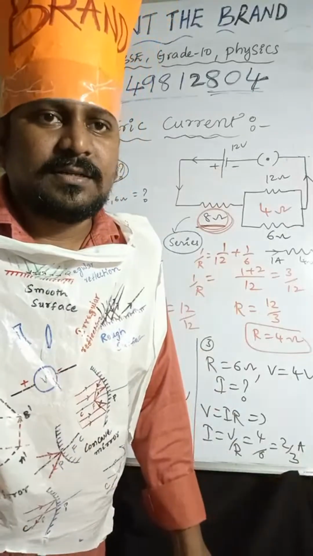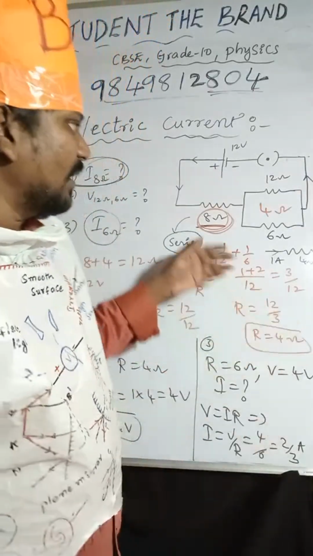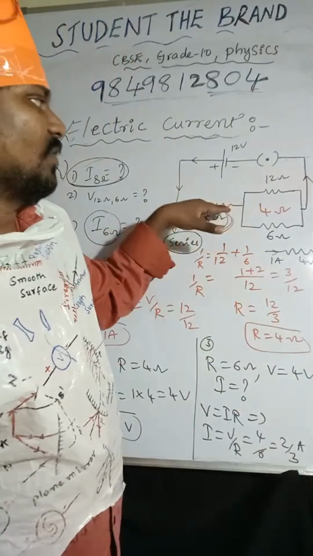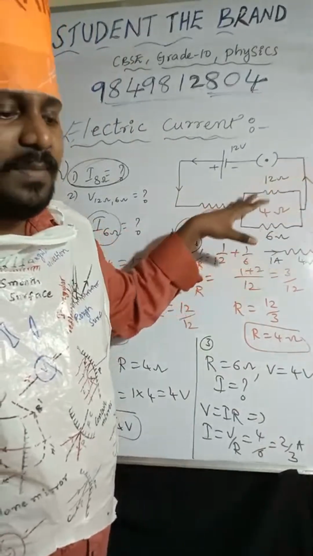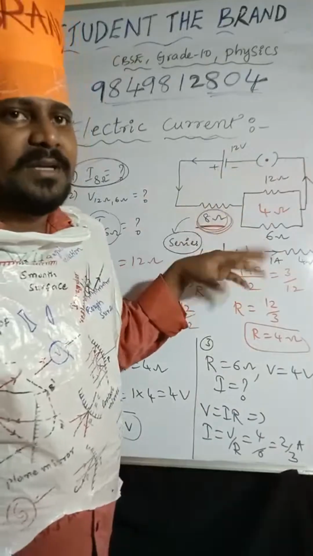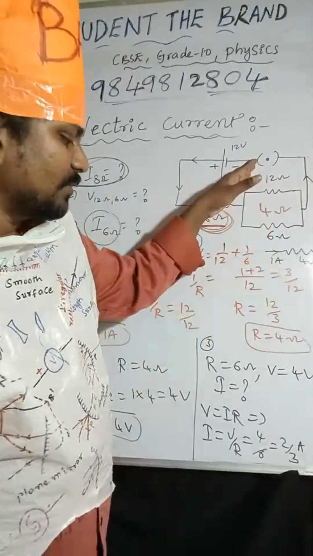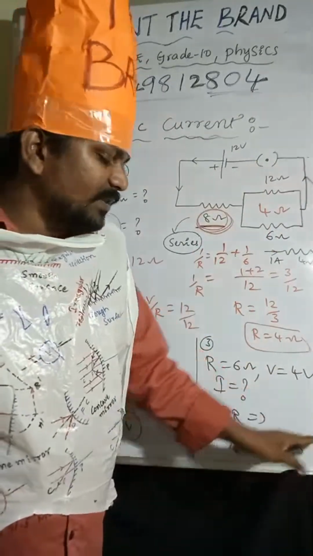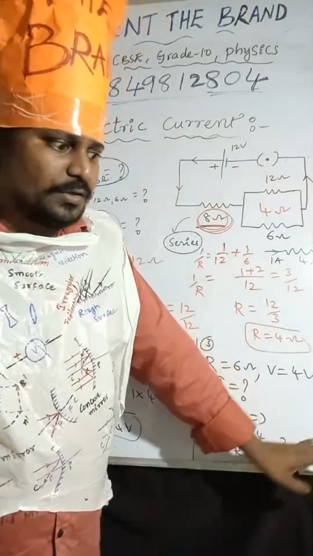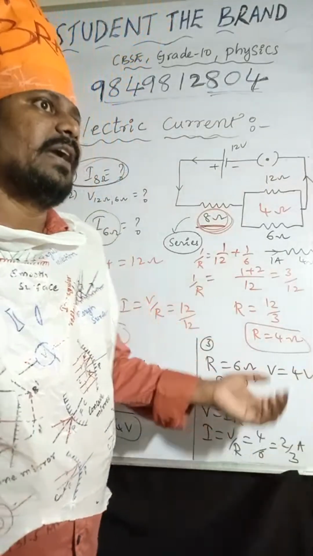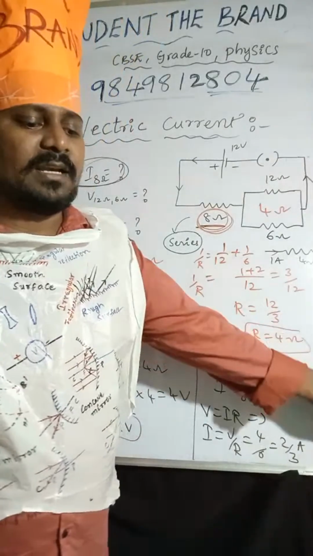How can you check? Here 1 ampere of current is flowing through this parallel combination, so the current must be divided, through this one and through this one. So 0.something is coming, like 0.33, 0.66 like this.